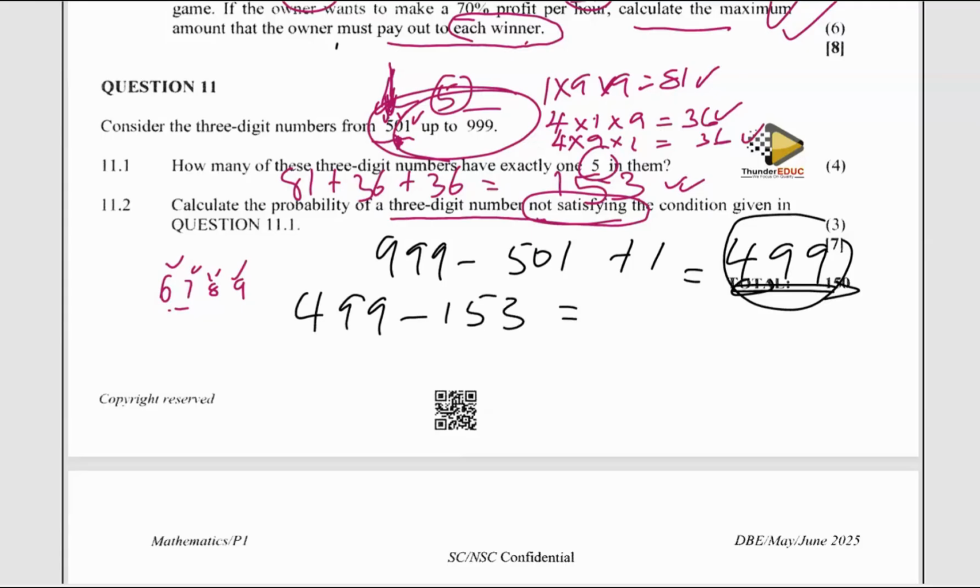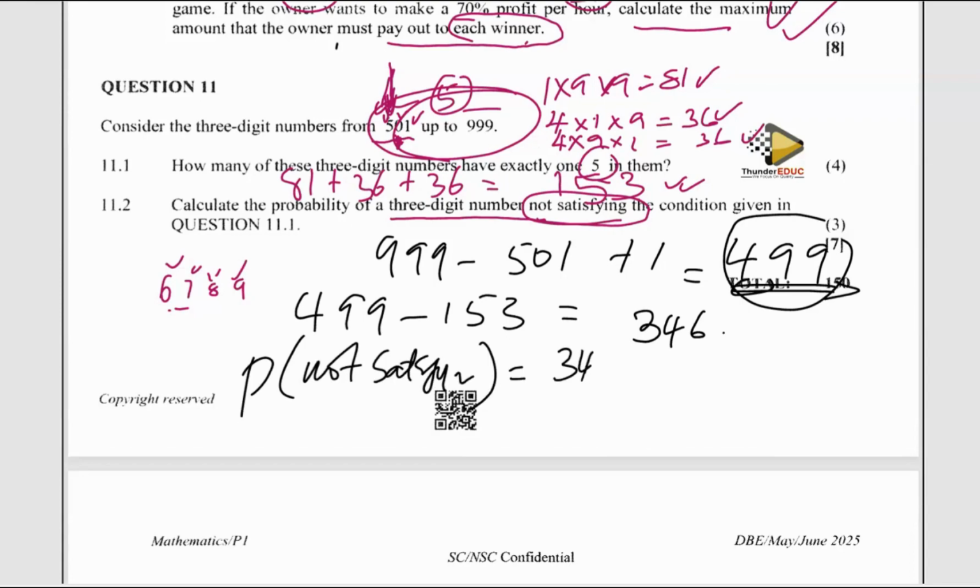So let's subtract 153, and we're left with 346. Now the probability of not satisfying is going to be 346 over the possible 499. So 346 divided by 499, we end up with 0.693, and so on. So that should be the probability that the question wanted.